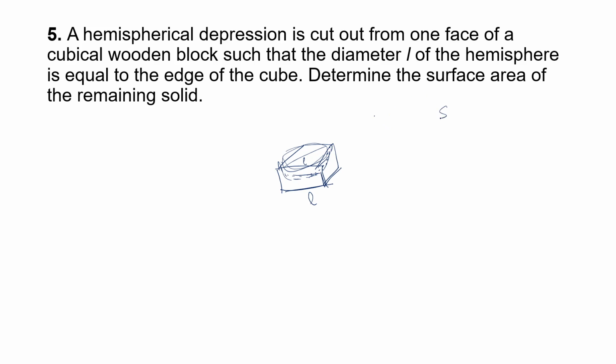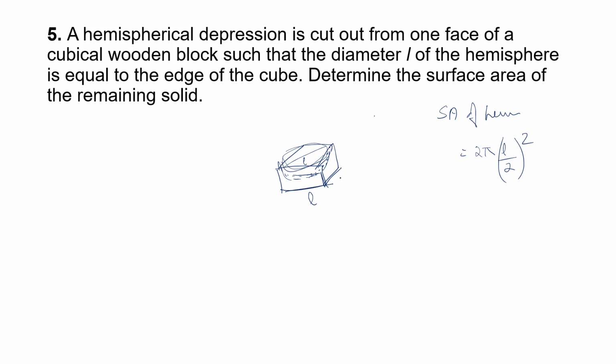What is the surface area of the hemisphere? Hemisphere is 2 pi r square, where r is L by 2 whole square.